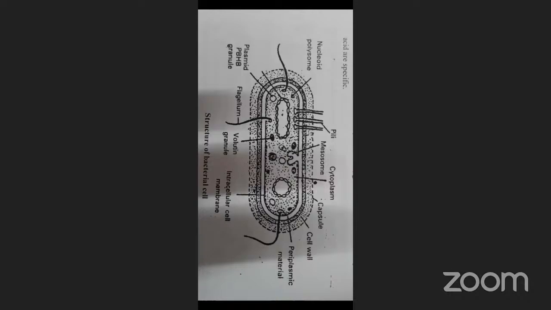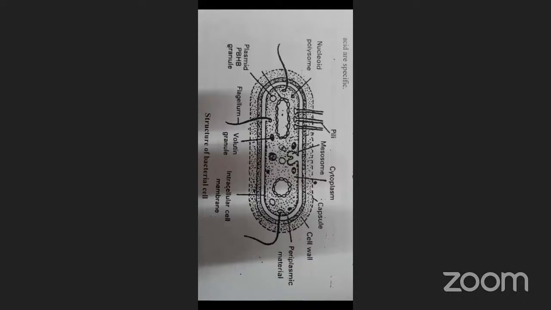The organic material is stored in the form of glycogen and volutin granules and polyhydroxybutyrate, in short PHB. Metaphosphate and polyphosphates are stored in the volutin granules. The polysaccharides are stored in granules. These are the reserve food materials.